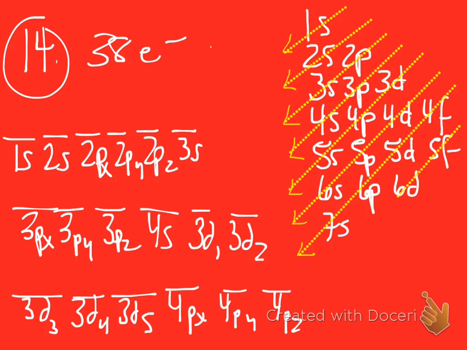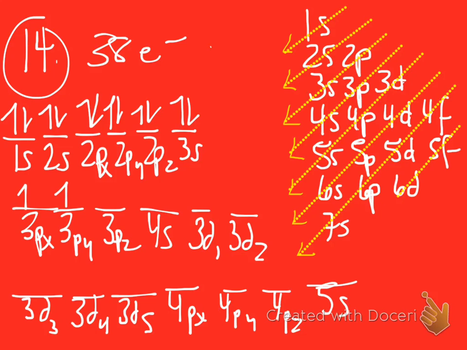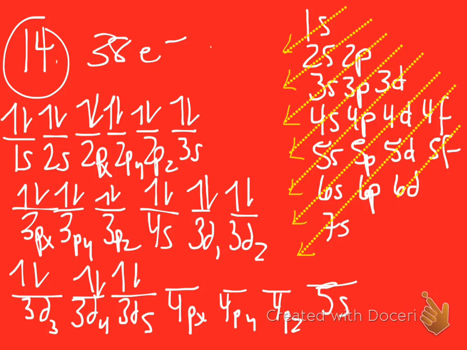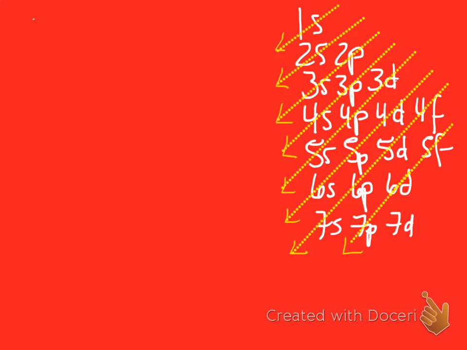And then after 4p, we fill 5s. So 1, 2, 3, up through 38. Whew! Awful.